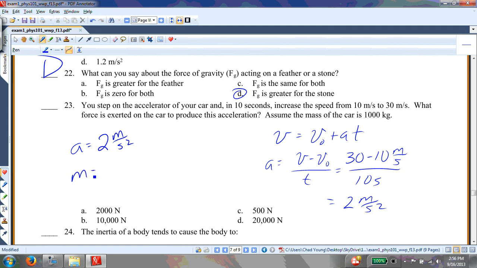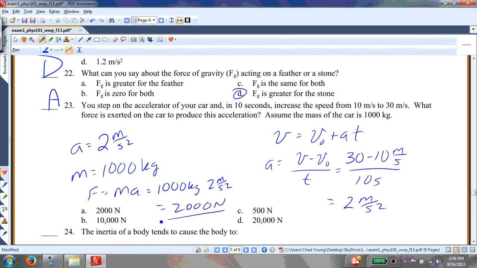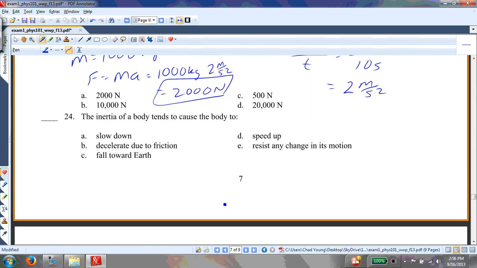My mass is 1,000. So my net force is ma, which is 1,000 times 2, or 2,000 newtons. That's A. Inertia of a body tends to cause the body to resist any change in motion.